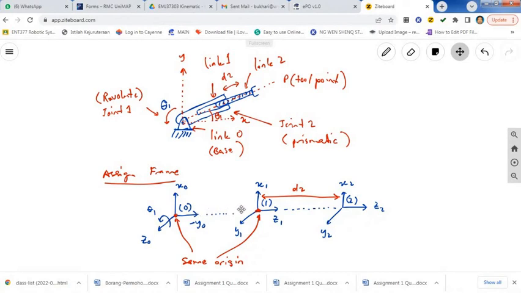But from this book, they split it out. So this is frame 0, this is frame 1.